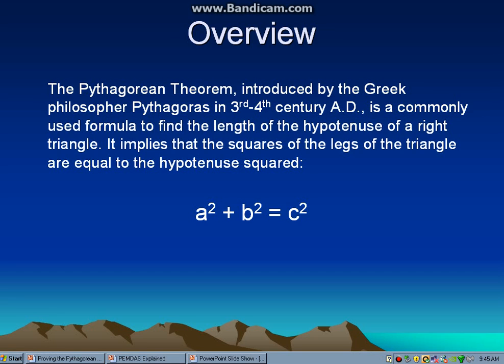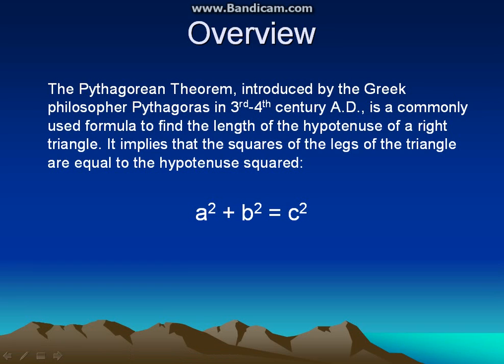Alright, guys, we're back. Well, as I was saying, the Pythagorean theorem implies that the squares of the legs, this is leg 1, leg 2, are equal to the hypotenuse squared.